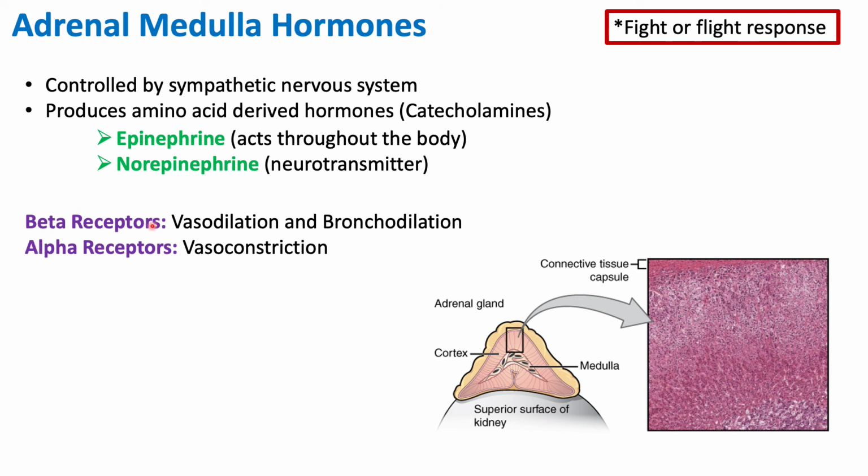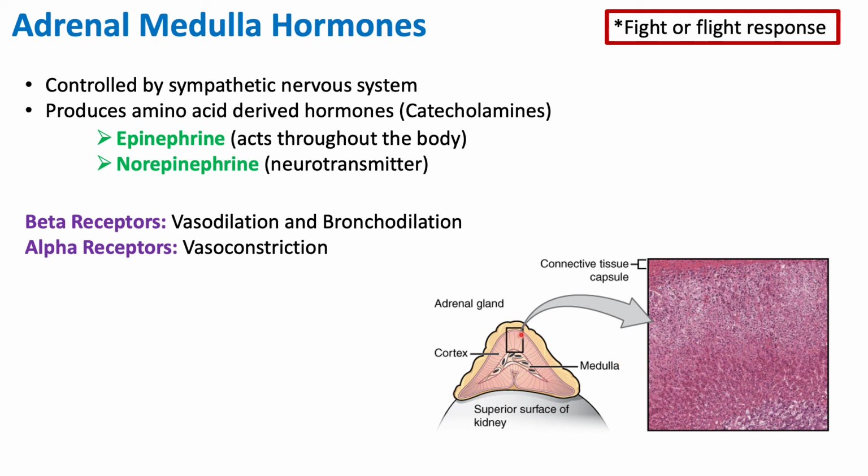So if they bind to a beta receptor, it's going to cause vasodilation or bronchodilation, dilation being referred to as it gets bigger, whereas if it binds to an alpha receptor, it's going to cause vasoconstriction, so it's going to shrink or decrease.